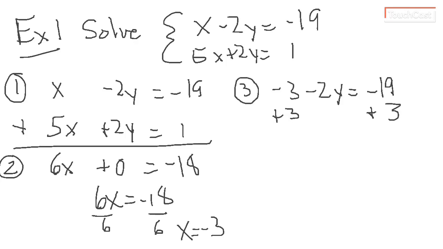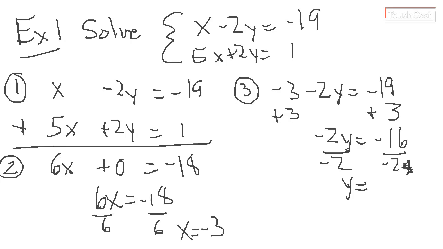So I'm going to have negative 2y equals, well, negative 19 plus 3, that's negative 16. Then I need to divide by negative 2 because I'm multiplying the y by negative 2. So to undo it, we use division. Negative 16 divided by negative 2 gives me a positive 8.